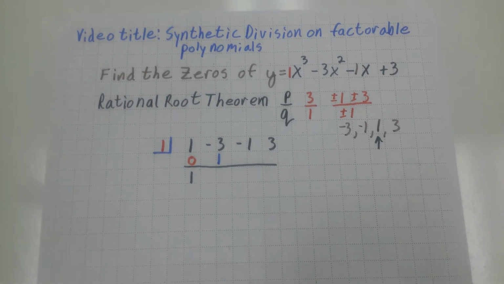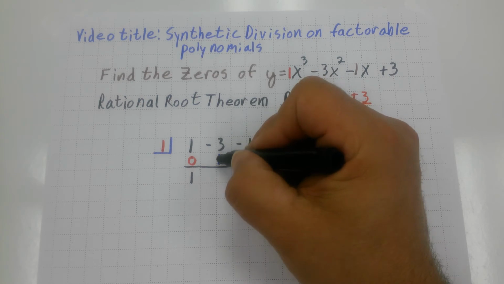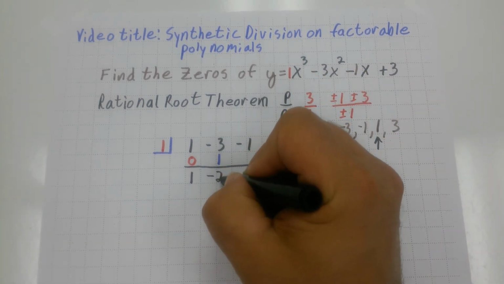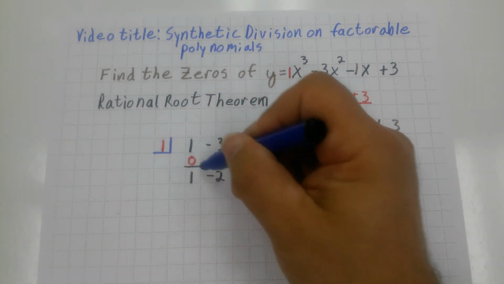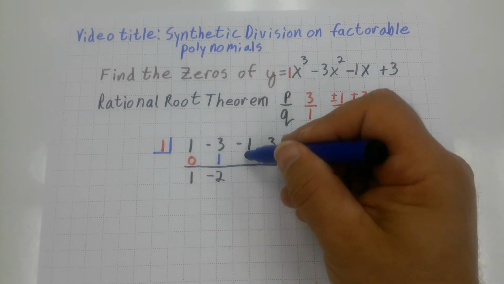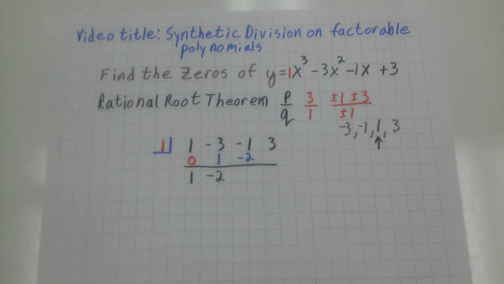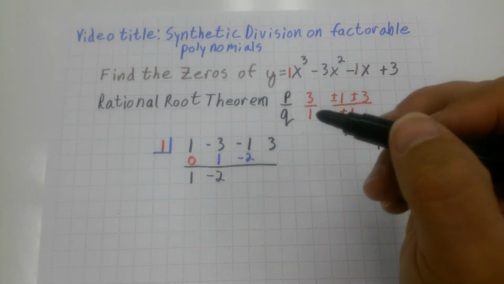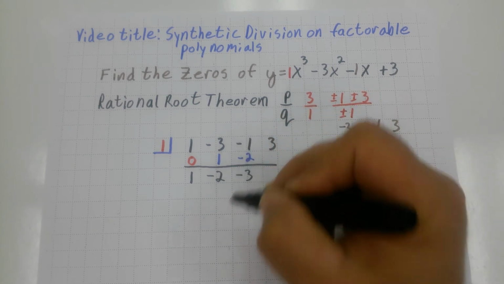Now you add or subtract, you do what it says. What's negative 3 plus 1? Negative 2. Now you multiply. 1 times negative 2 is negative 2. Now I go back to adding again. What's negative 1 minus 2? Negative 3.